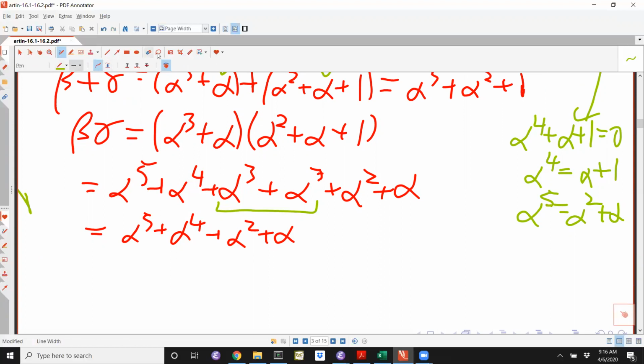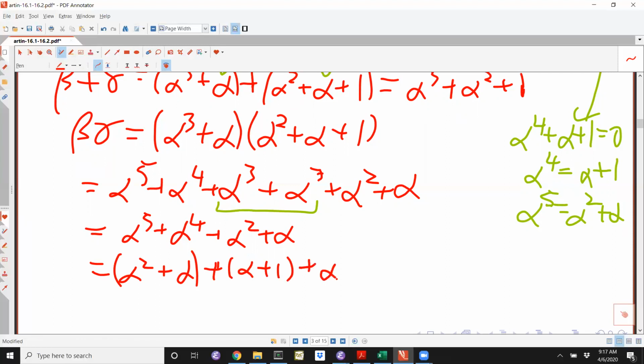All right. So now that we have those two reduction rules, we see that alpha to the 5th is equal to alpha squared plus alpha, and alpha to the 4th is equal to alpha plus 1.